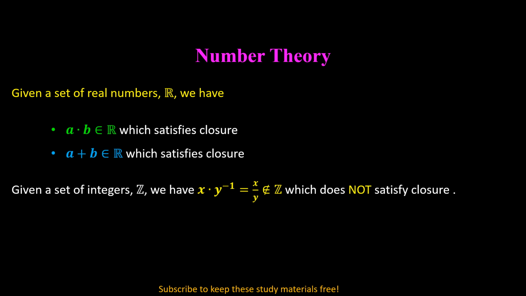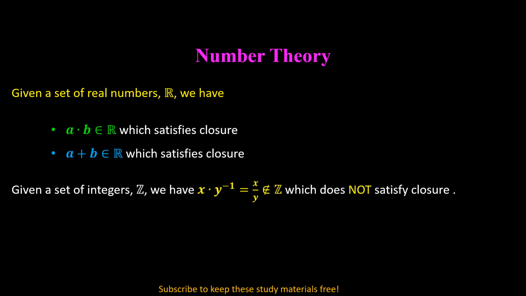So all's well, and I can say that I have closure and it's satisfied, whatever the conditions are. Then if I have two real numbers and I add them, and after adding them, they are still in the real numbers, I come out with a real number for all of the A's and B's, whatever I'm given, then I still have closure and I'm fine. But let's look at this last situation.